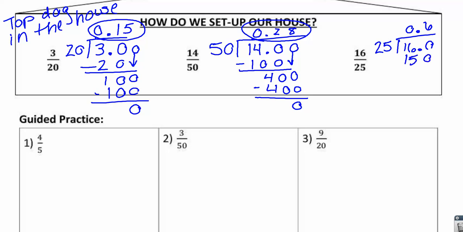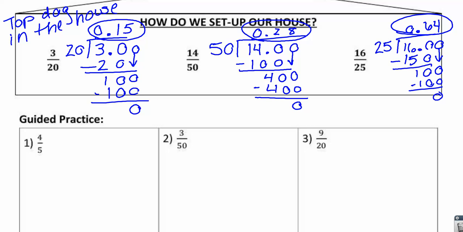Subtract, I get 10, drop another 0. 25 goes into 100 4 times, which is 100. I get 0. There's the quotient.